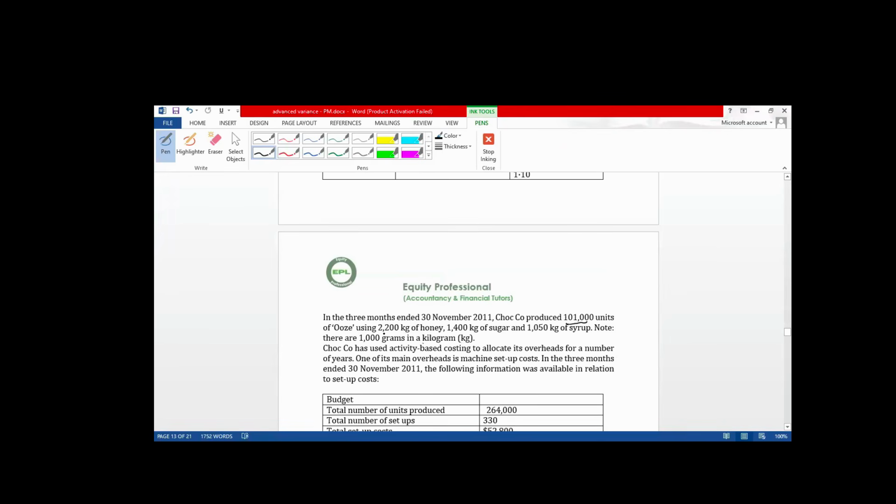That means if I use 2,200 kilograms and I want to convert it to grams, 2,200 multiplied by 1,000.